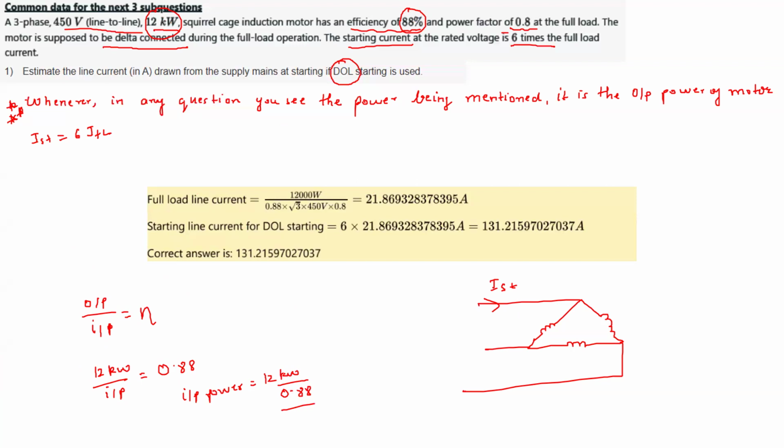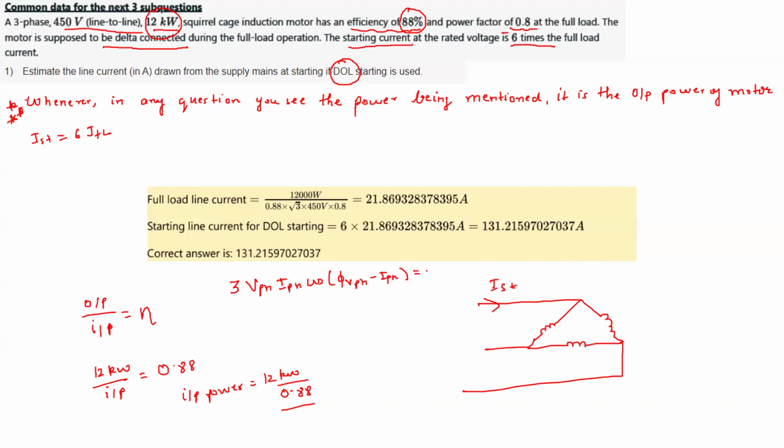Now you see another thing is that they are saying that this machine is operating at 0.8 power factor. So what is the relation between the power factor and the active power? Because this is a three-phase machine, the three-phase power will be 3 V phase I phase cosine of the angle difference between the phase voltage and the phase current.